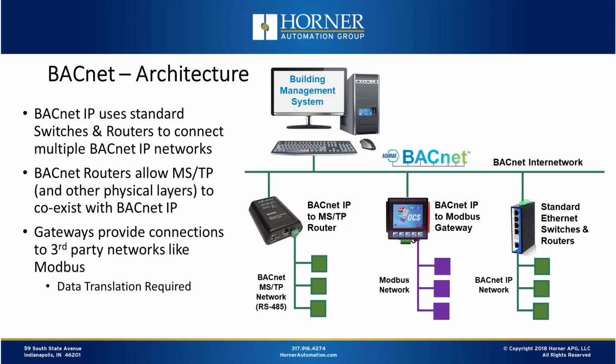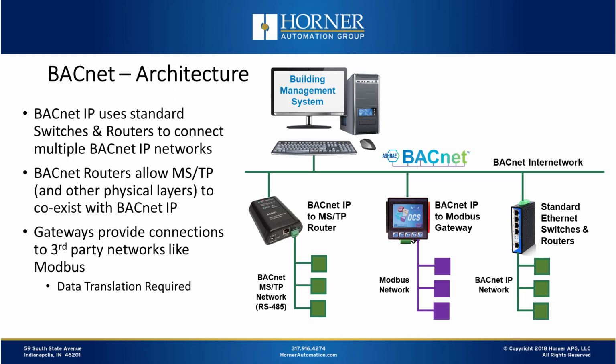One thing that BACnet does very well is what they call interconnecting networks. So with BACnet, you can very easily have a traditional BACnet MSTP type network out there. Again, that's RS-485 based, but that can be routed to a full BACnet network, maybe BACnet IP over Ethernet. Mixed in there, you could also be having multiple segments or multiple subnets, if you will, of BACnet IP, just using standard Ethernet switches and routers.